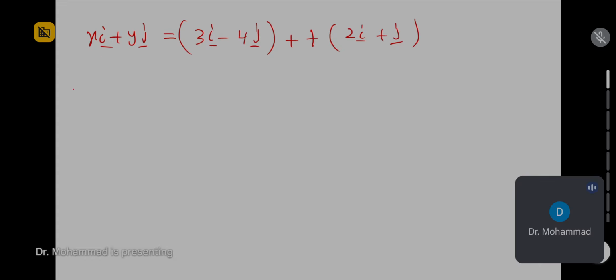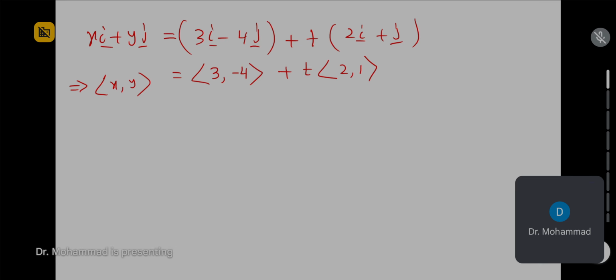What can we write from here? Can we write this is x and y, because xi plus yj, that is x and y. And here can we write 3 and -4? And here also for t, we can write 2 and 1. Am I right?